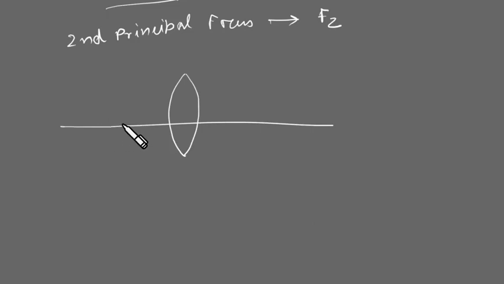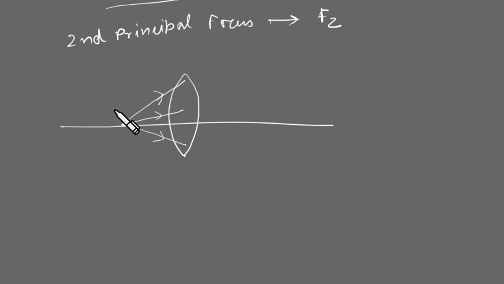Now, if we keep a point source at a point on the principal axis, then the light coming from it will be diverging, right?